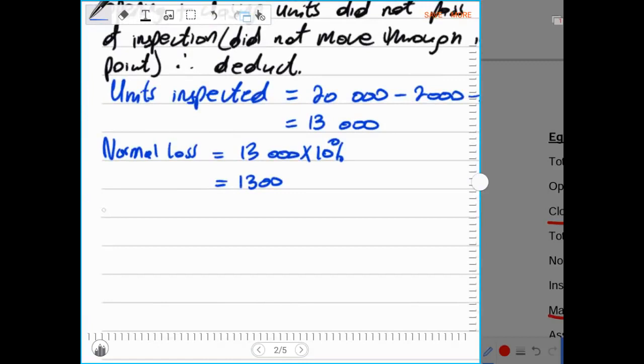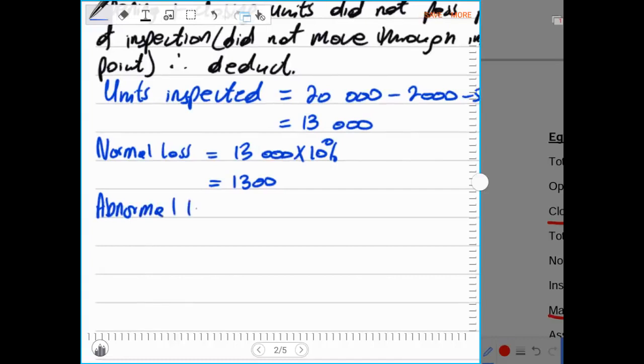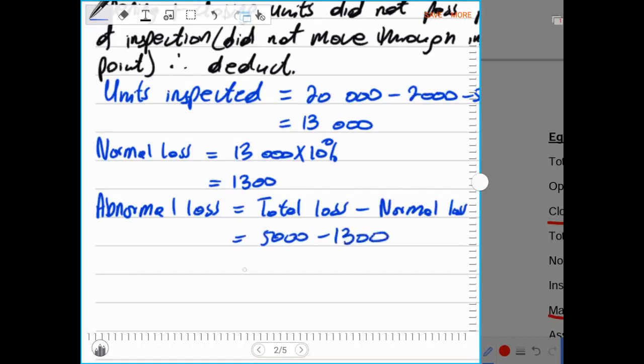Then after that we calculate our abnormal loss. Our abnormal loss will be the total loss less our normal loss. Remember, our total loss is 5,000 units. Our normal loss is 1,300.